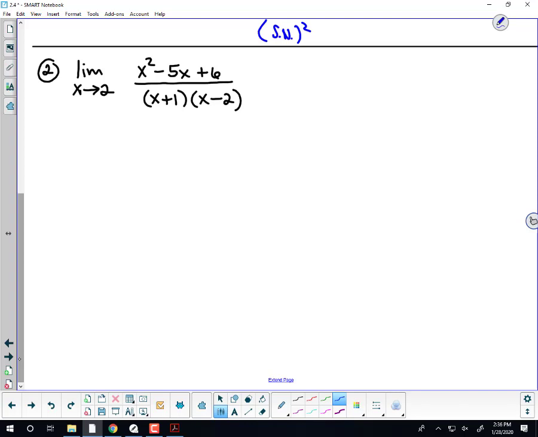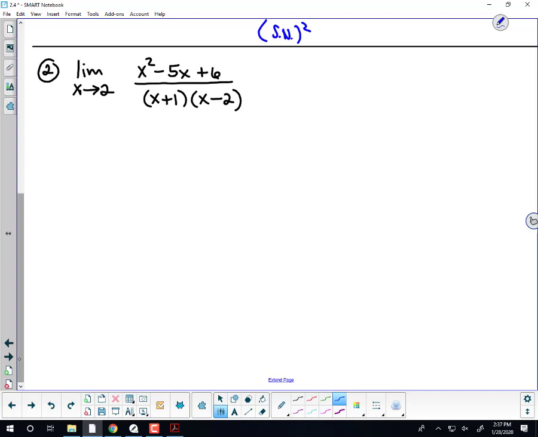Just like when you're presented with a function like this in an algebra or pre-calc class, the recommendation was always to factor the numerator completely and factor the denominator completely. So I would still recommend doing that. If you're computing a limit on a rational function, try to factor the numerator and denominator completely.